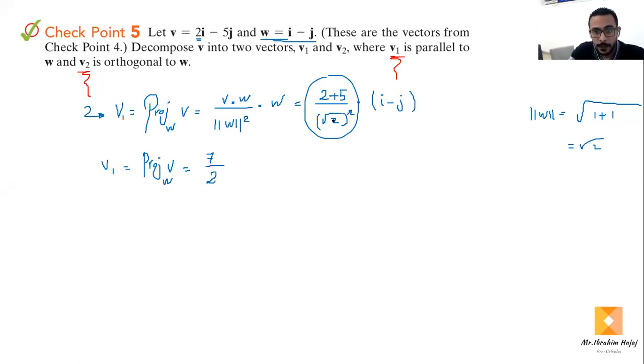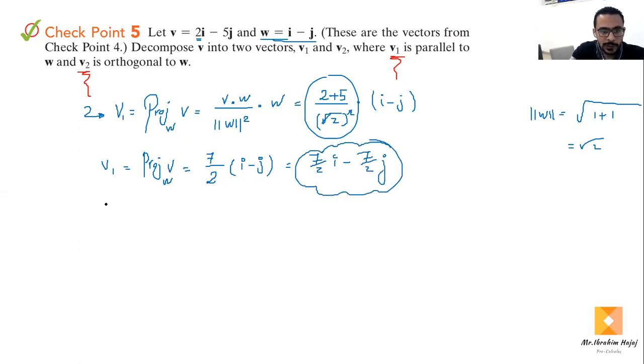We cancel out the radical, and 2 plus 5 up here is 7, and 7 over 2 multiplied by i minus j, which is 7 over 2 i minus 7 over 2 j. Next, now that we got V1, we will look for V2.